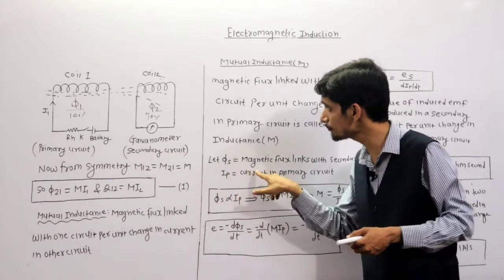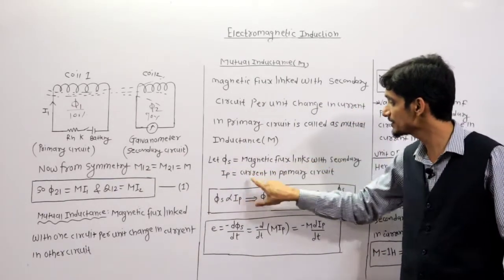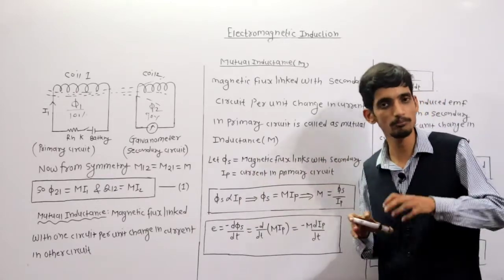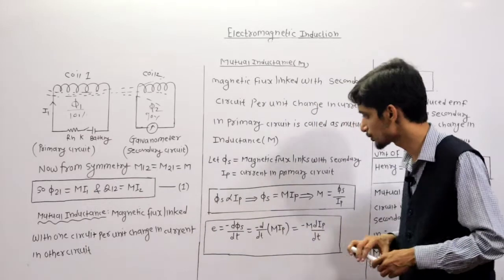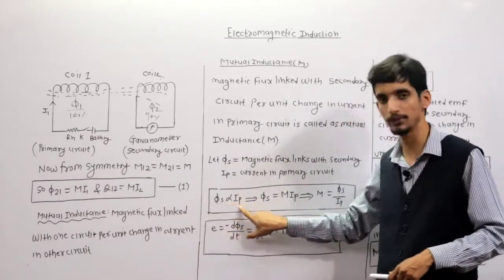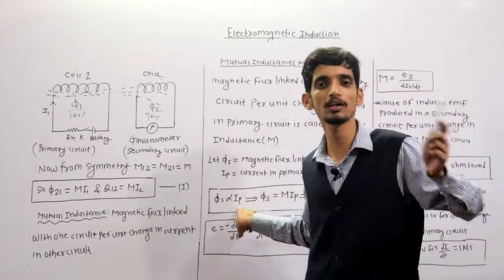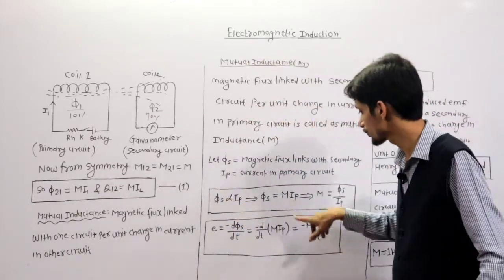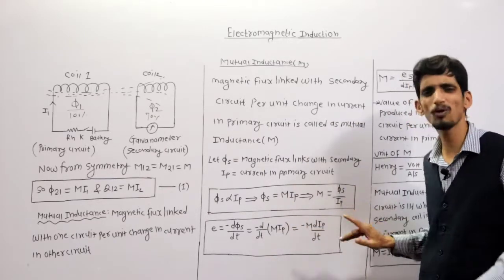So phi S is the magnetic flux linked with the secondary coil, and IP is the current in the primary circuit. Clear? Okay. So phi S is proportional to IP: the flux linked with the secondary coil is proportional to the current flowing in the primary coil. So phi S is equal to M times IP. That's why M is phi S upon IP.